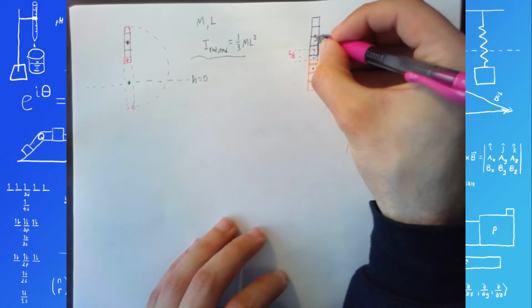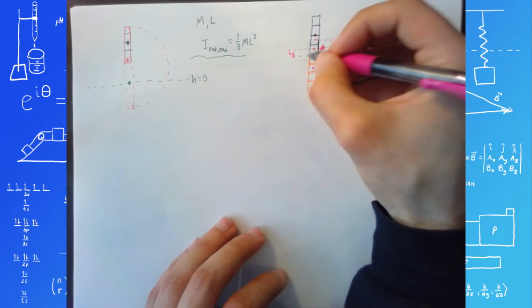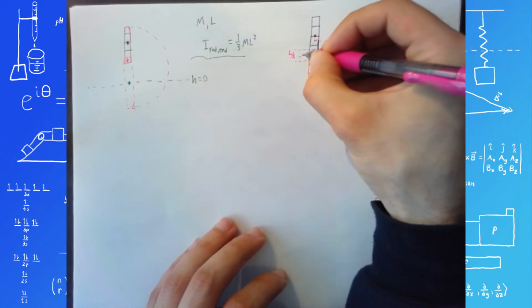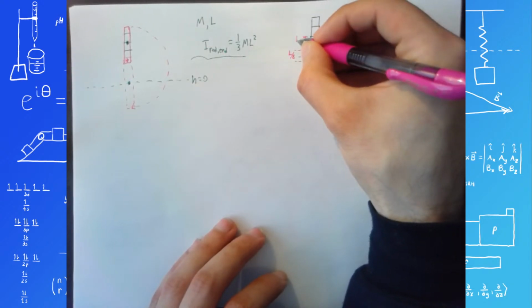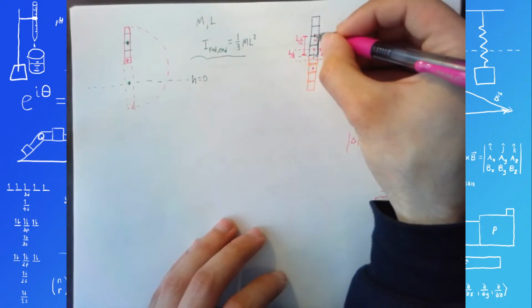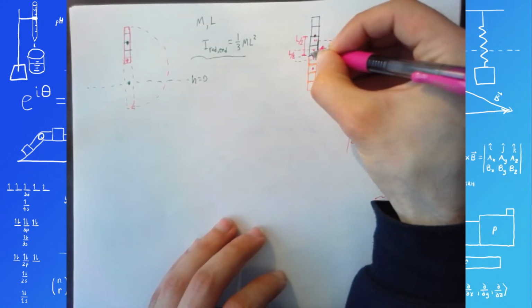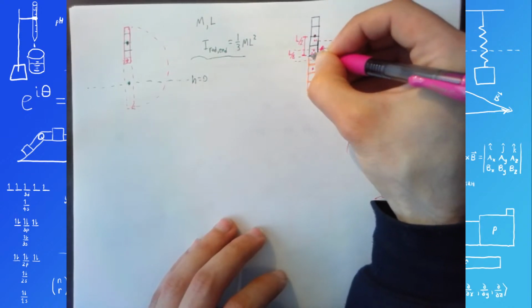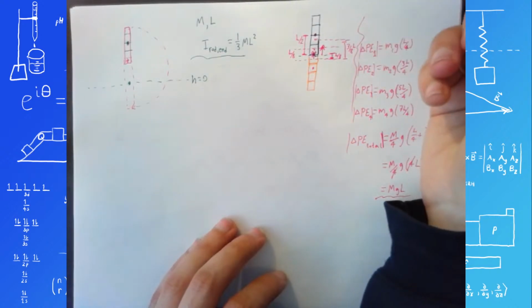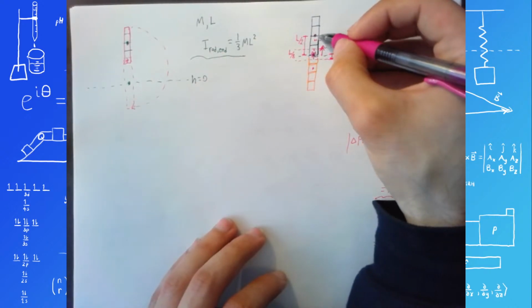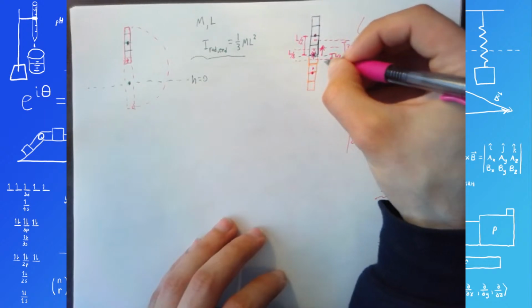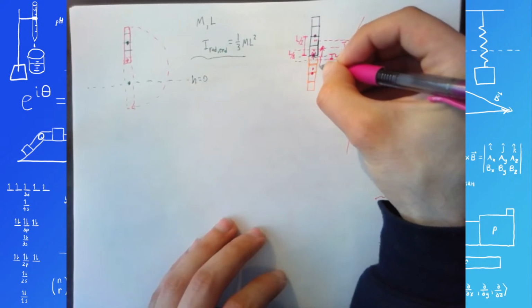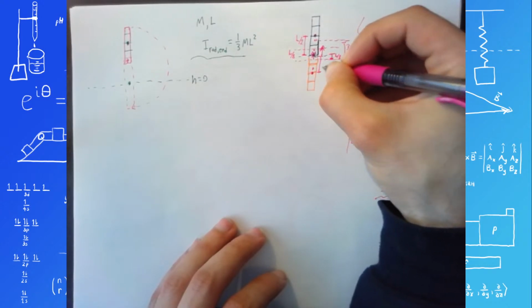This place right here is a distance, L over 2, away from the axis of rotation. And it swings all the way down to a position that is another L over 2 below.